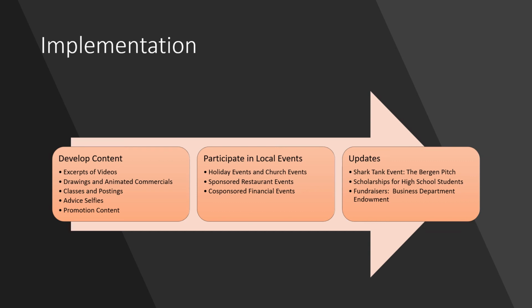And the other idea is co-sponsored financial events. I had a student who currently has a decent amount of followership, and they're looking to get to that next level. Once you get to a certain point, having somebody sponsor you or partner with you could potentially take you to that next level.